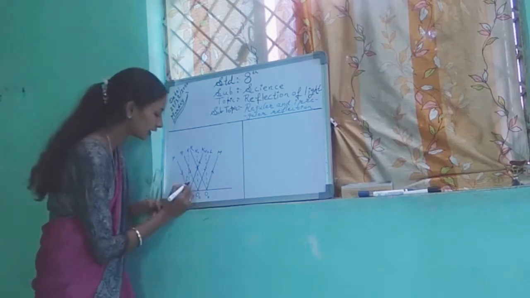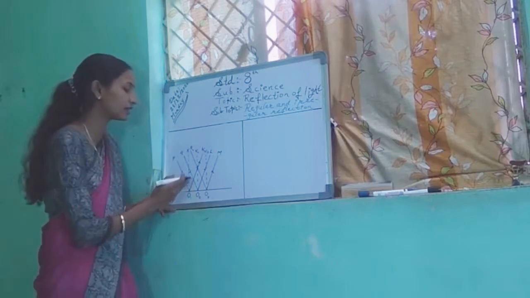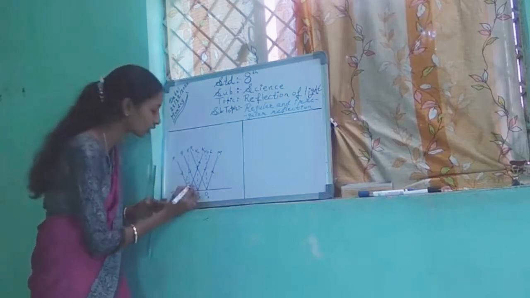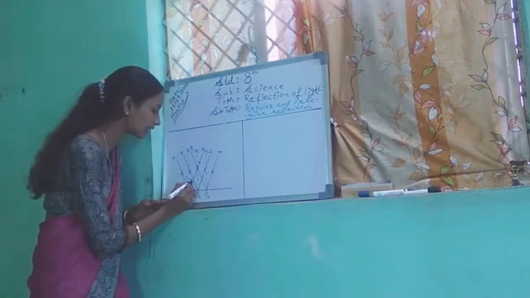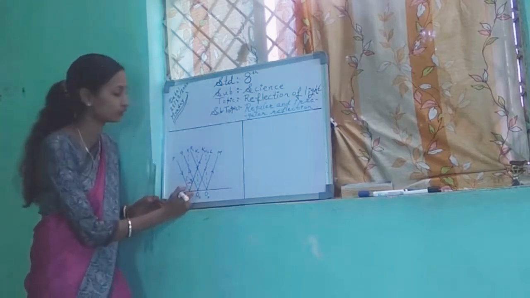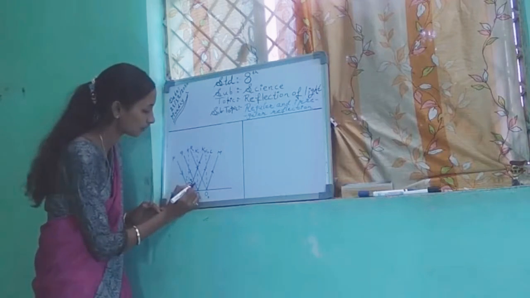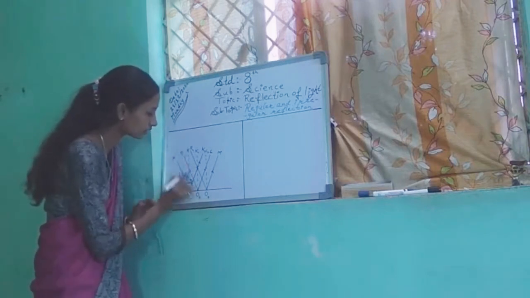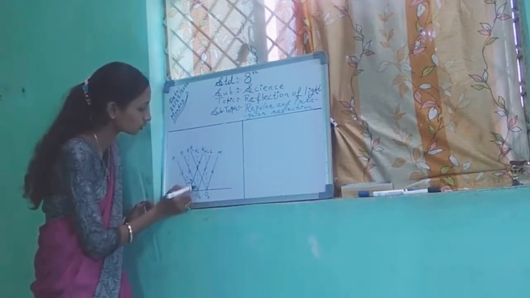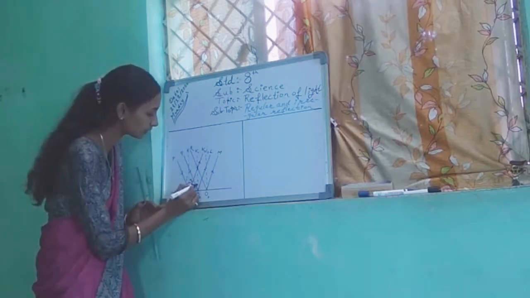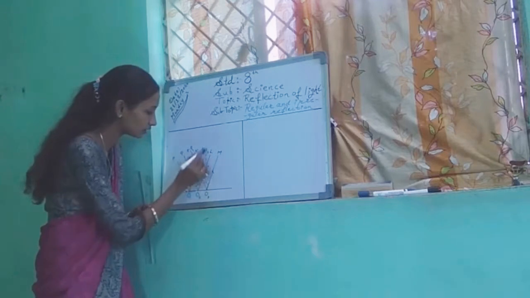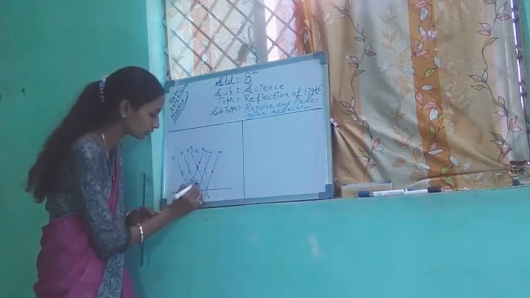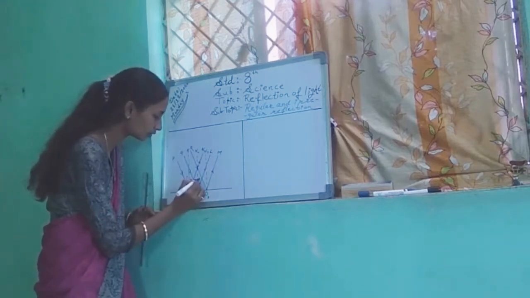Then the angle between reflected ray and normal is called the angle of reflection. It is denoted by r. We'll write here R1 for clear justification. Then here angle QO2N2 will be I2, and here LO2N2 angle will be R2.